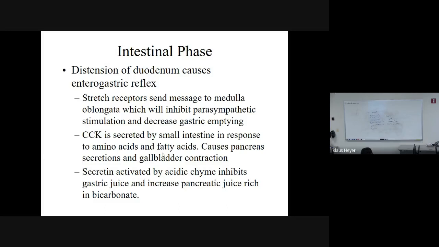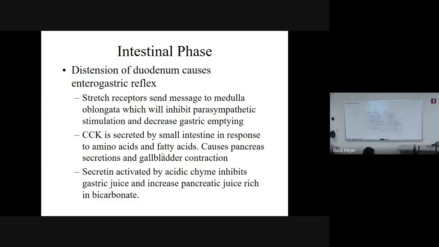So we got two hormones here. CCK, cholecystokinin, and secretin. So let's deal with CCK first. CCK is going to cause the pancreas to release its enzymes, and it wants the gallbladder to contract, to send bile down.